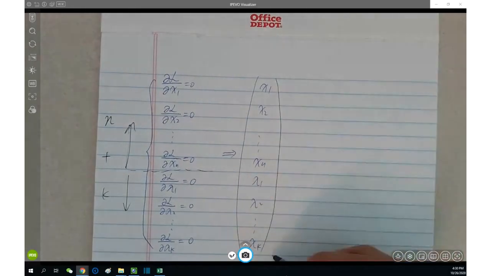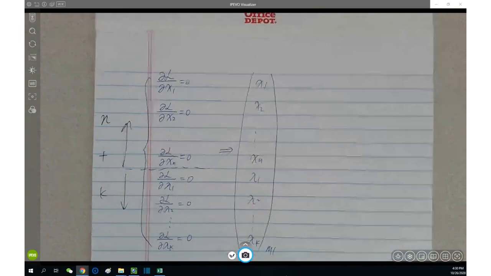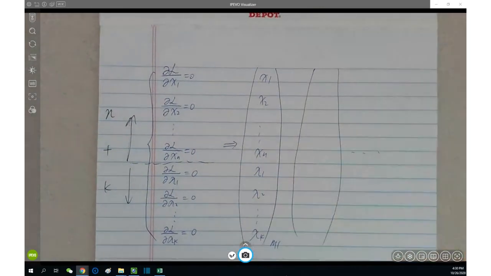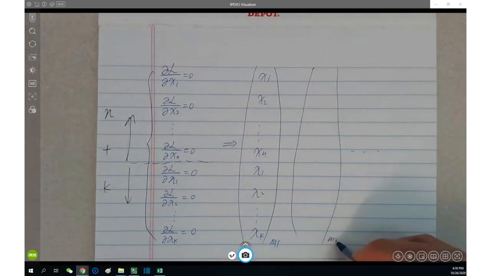This is one set. And you might have multiple sets of solutions.